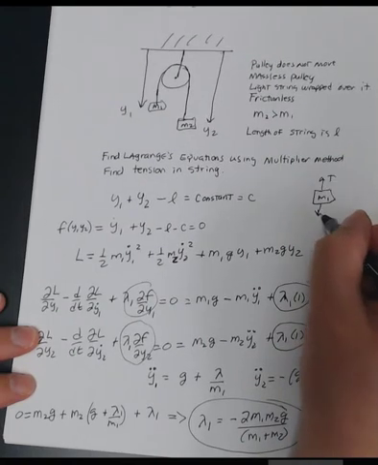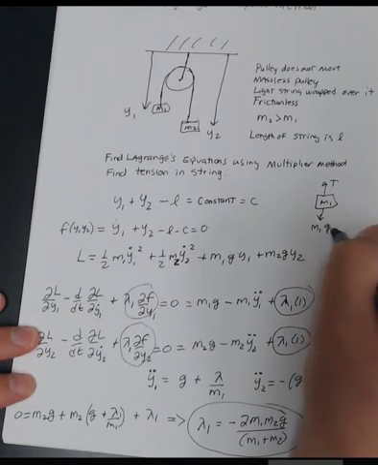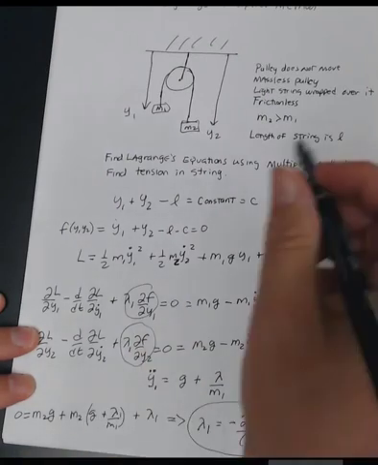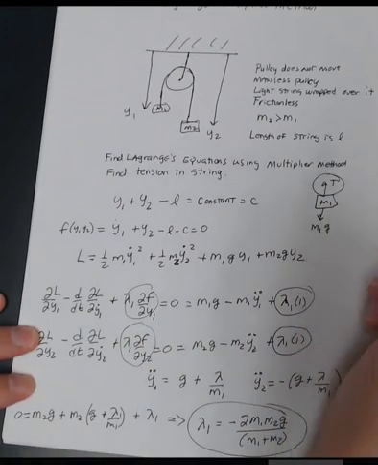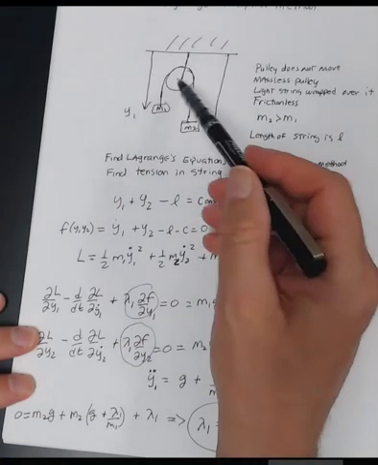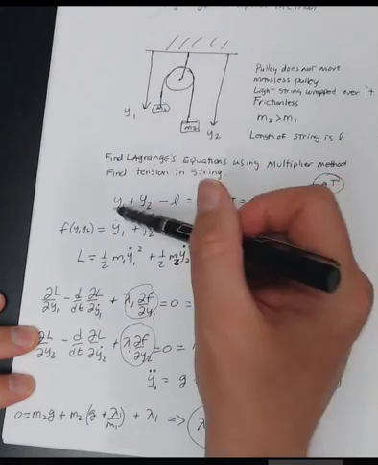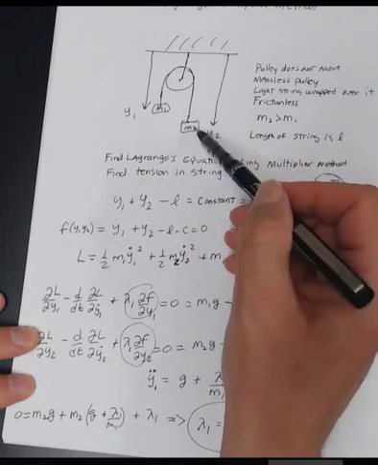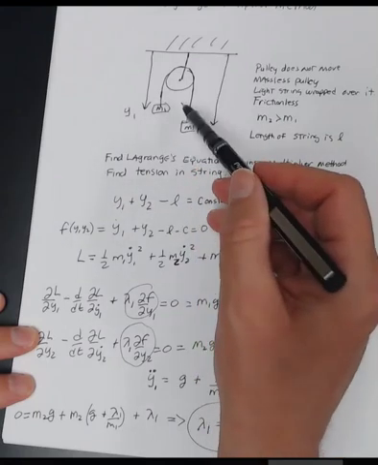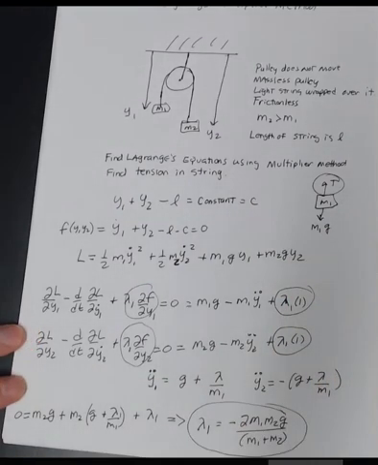I know the force down for gravity is m1 g. The one I don't know is a force between these two. This way you have the equation of constraint because you have a relationship between these two. So the force between these two is going to be your generalized force, and I have to realize that's the tension force.